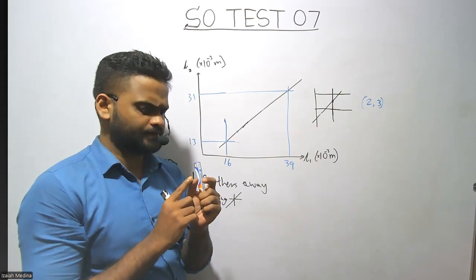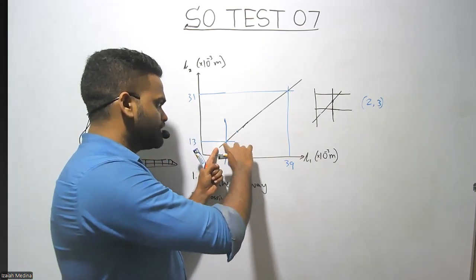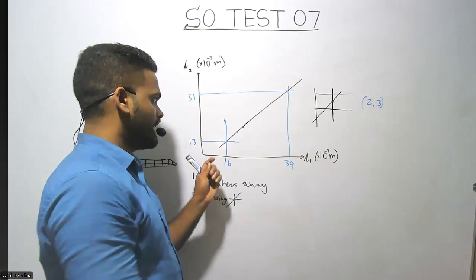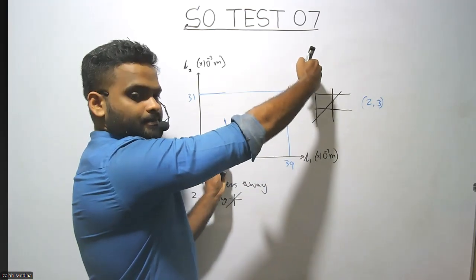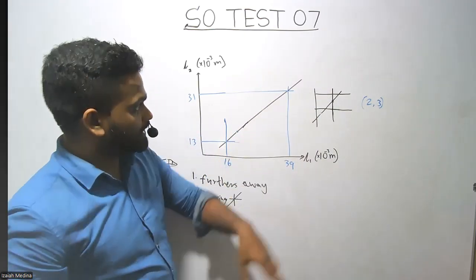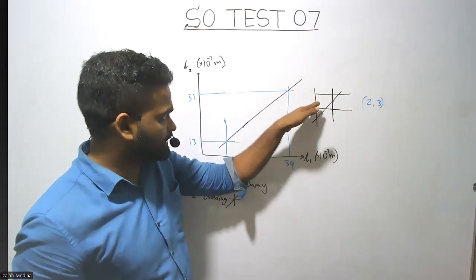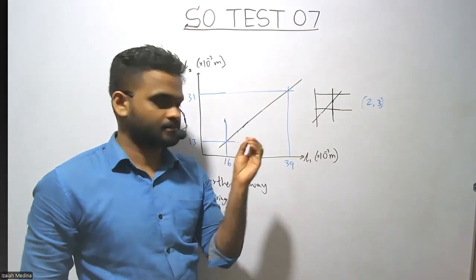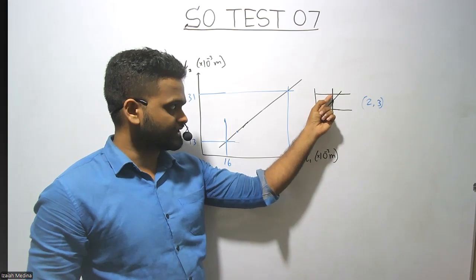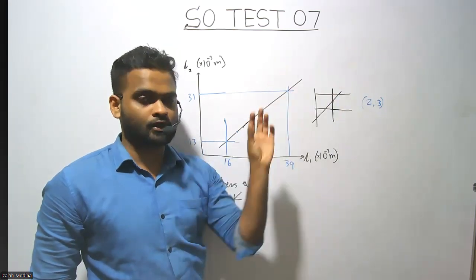So what are the rules? The coordinate must be on this line and they must be furthest away. Another one is it has to exactly go through one of these intersections, right? One of these crossings exactly.